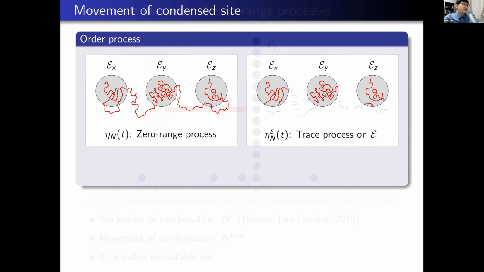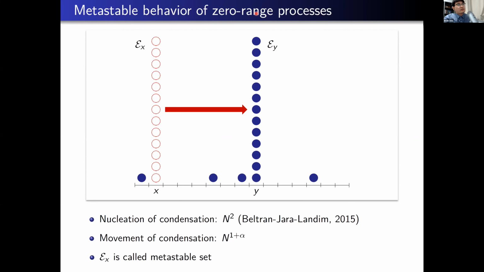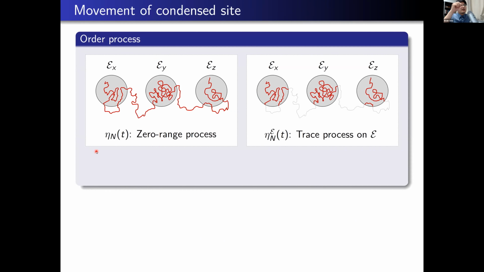Our purpose in this business is to describe this metastable behavior in a rigorous manner. How to do that? We do this through the so-called order process. I prepared this picture, which is a visualization of the zero range process.